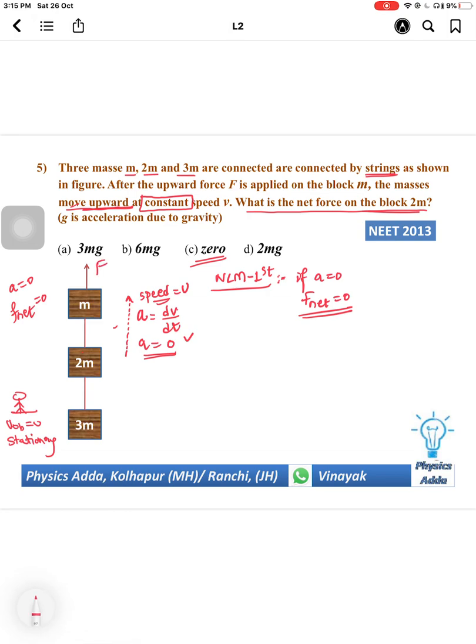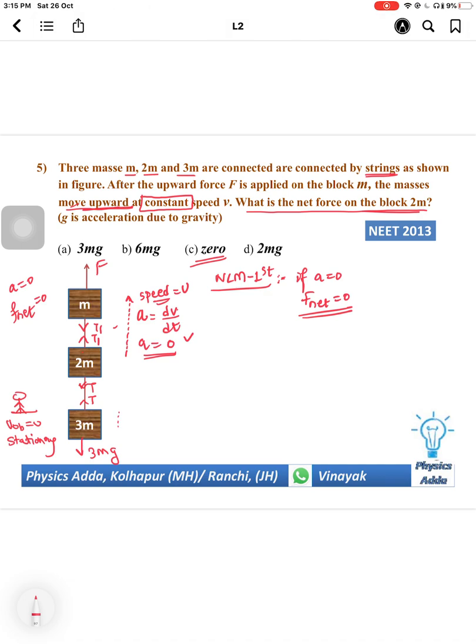This is F. So this will be 3 mg acting downwards. Now this string is the same. Let us say tension T will be acting away from the block 3m, so this will also be T. And this string is T1.